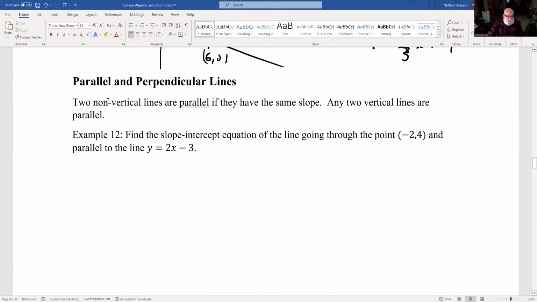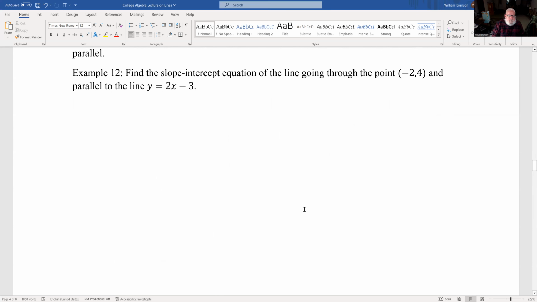So parallel lines: all vertical lines are parallel, but if they're not vertical and you have the same slope, then the lines are parallel. So find the slope and equation of a line going through this point and parallel to that line. What we need to know to find the equation of a line is the slope. And if it's parallel to this line, then we want a slope of 2.